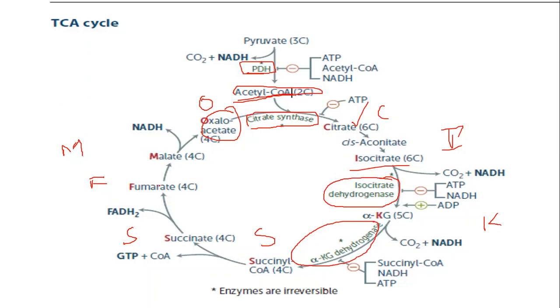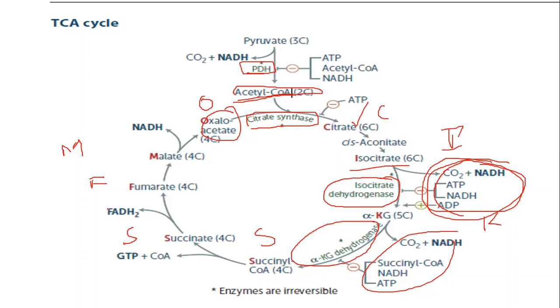And there is another thing to remember, which is frequently tested in the board exam: which are the reactions in which NADH is produced? You can see that NADH is produced while isocitrate is converted into alpha ketoglutarate, and then again when alpha ketoglutarate is converted into succinyl CoA, NADH is produced.